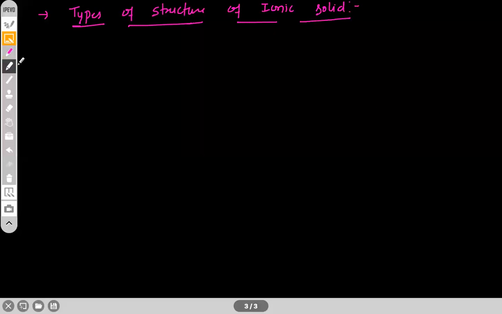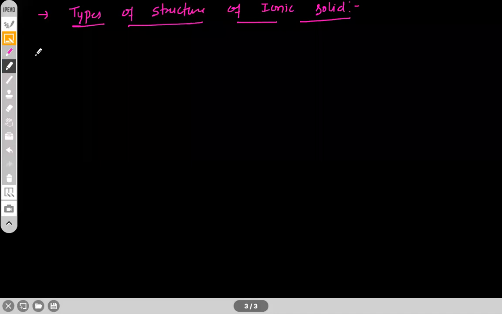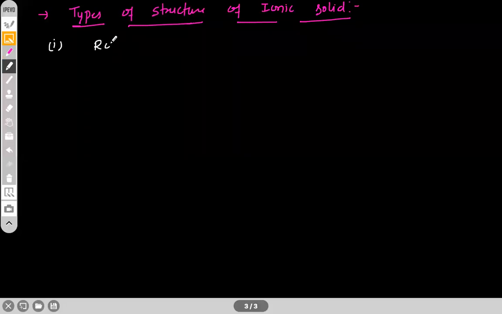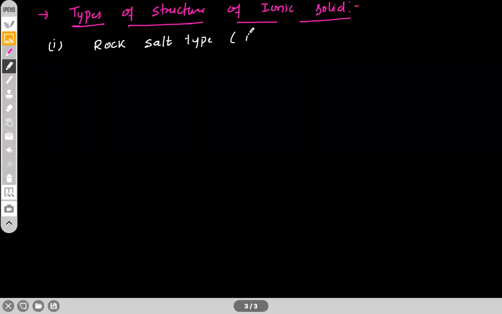Okay, the first type we have is the rock salt type structure. Write down, rock salt type structure. This we also call NaCl type.